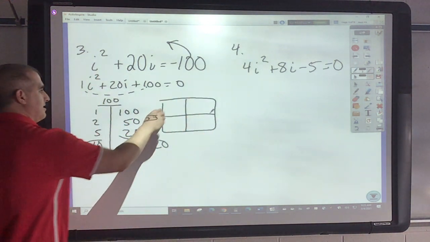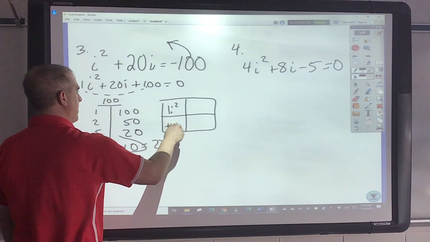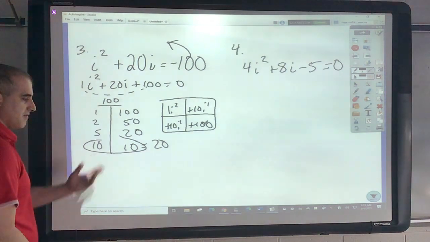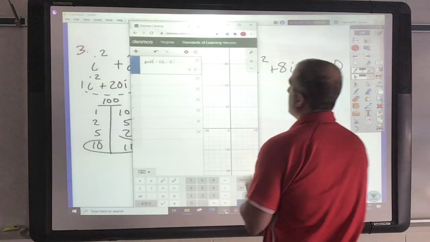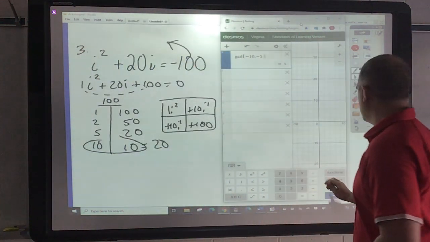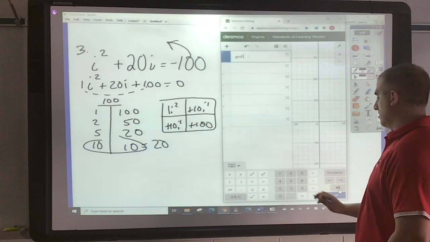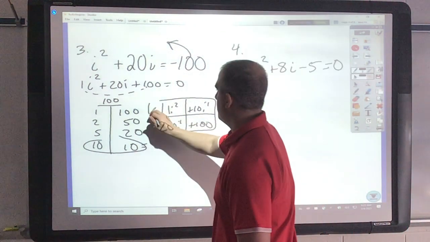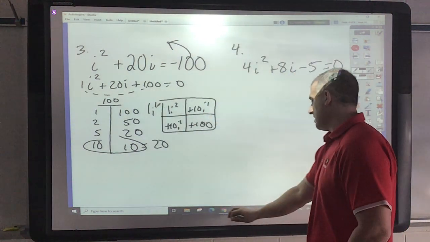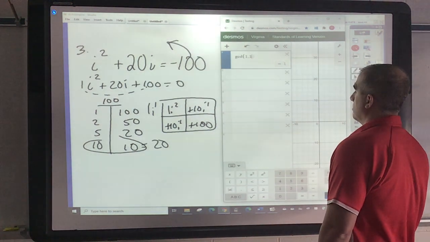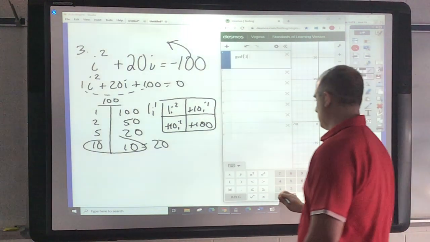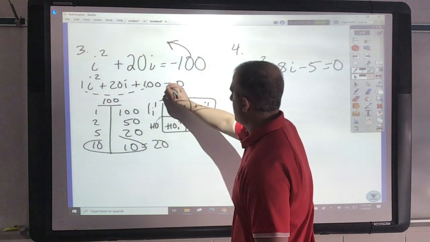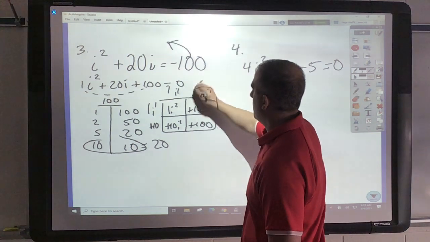Okay, so I got 1i squared, 10i to the first, 10i to the first, plus 100. What's convenient about this is you notice they're both there. As I do the GCF stuff, it should go pretty quickly. 1 and 10 would be 1i to the first, and 10 and 100 would also be 10.